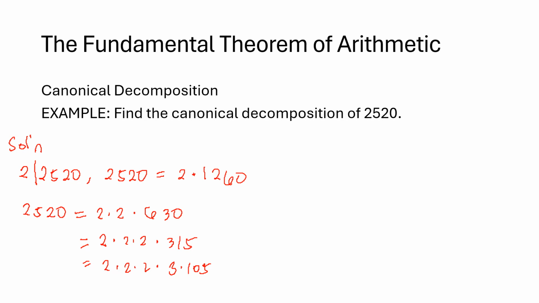In this case, we could have 2 times 2 times 2 times 3 times 3 times 35. So in other words, the canonical decomposition of this number 2520 is actually 2 raised to 3 times 3 raised to 2 times 5 times 7. So that is the canonical decomposition of 2520.